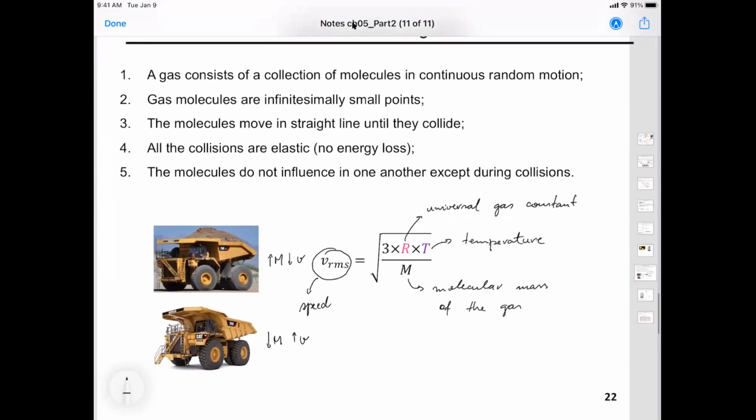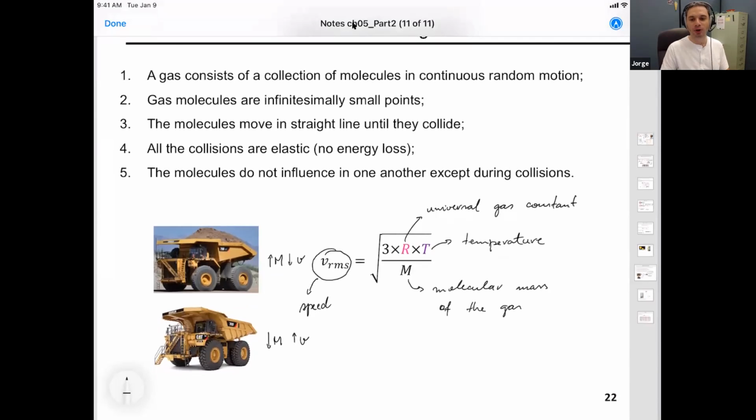Professor, I have a question. Yes. How do we know what units the speed's going to be in? Okay, so that's my next point here. For the speed, we are always going to use the International System of Units, okay? So which means the universal gas constant has to be 8.3 joules per mole per Kelvin. For the temperature, always in Kelvin.